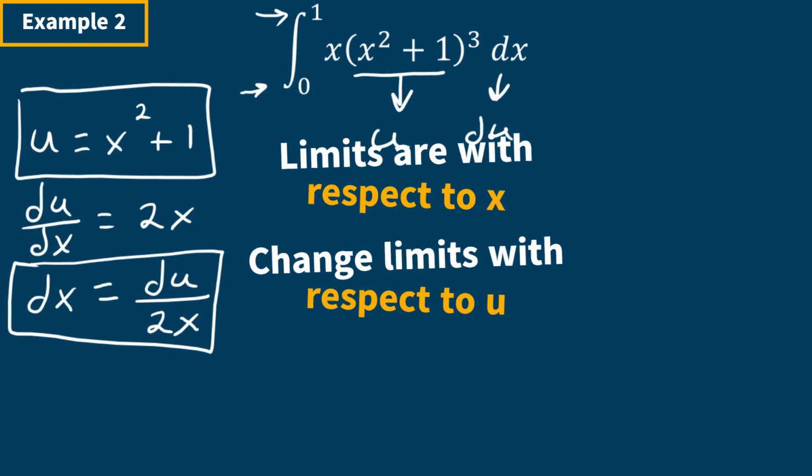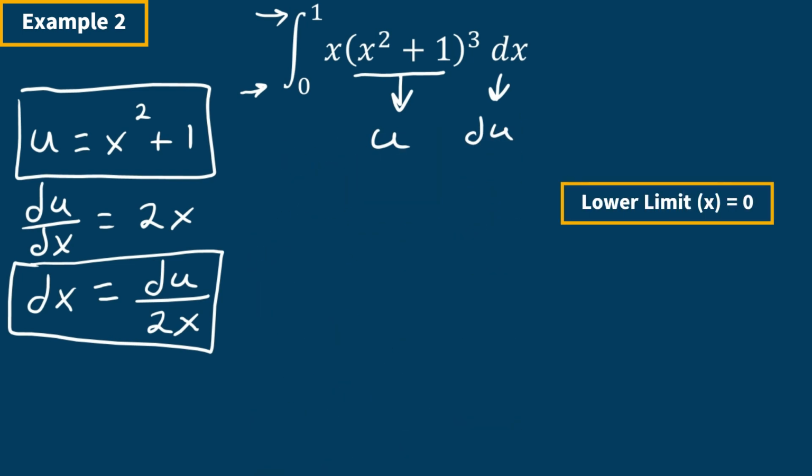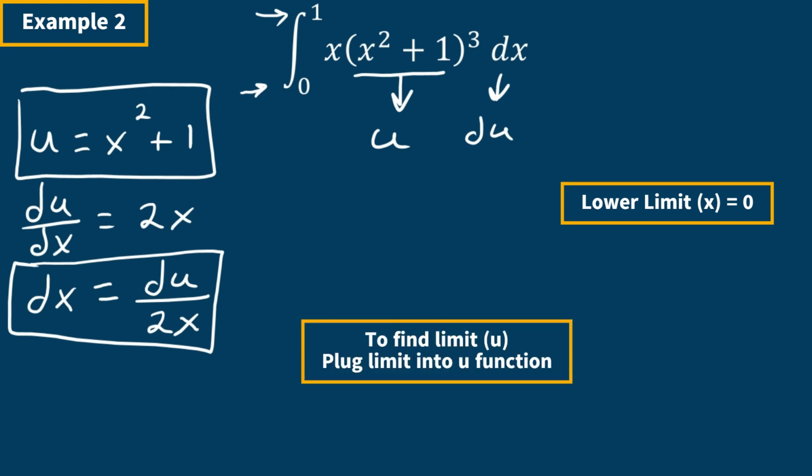Let's look at the lower limit, 0. The way we get our new limit is we plug 0 into every x that is equal to u. So like we said, u is equal to x squared plus 1. So for our lower limit, which is 0, we're going to plug that into every x here. So we got u is equal to 0 squared plus 1, which is equal to 1.